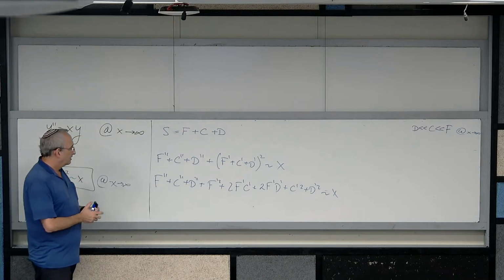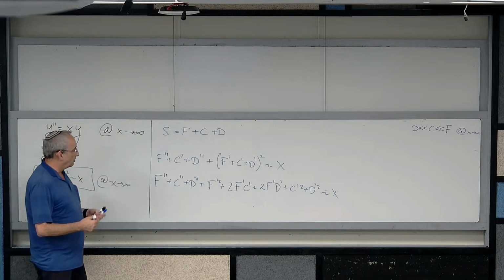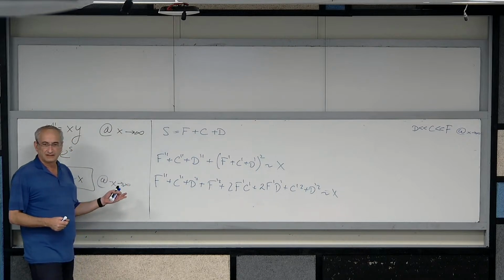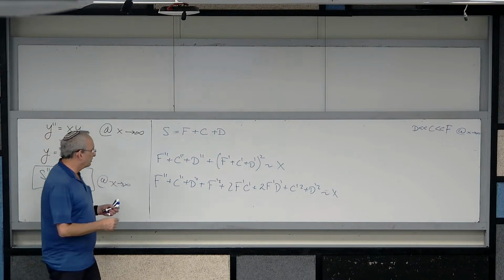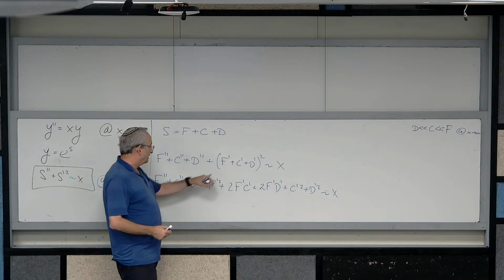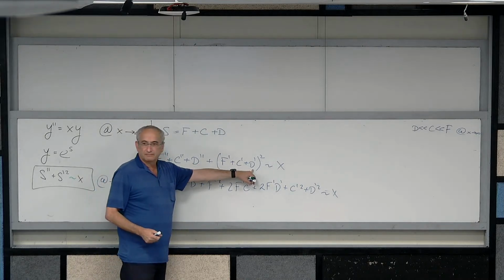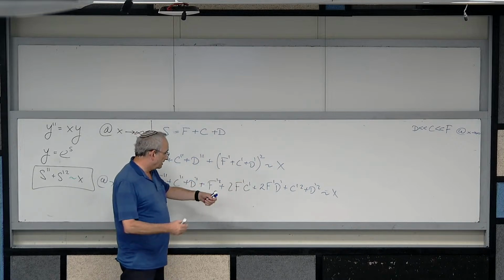Okay, now, who is the most dominant term in all this? That we have analyzed last time, right? First of all, we always assume that C prime and D prime are negligible. Aren't you missing the C prime, D prime? Yeah, okay.